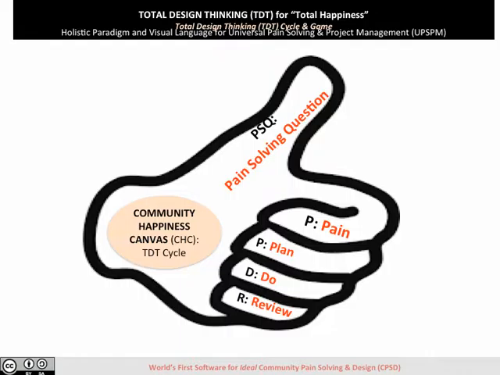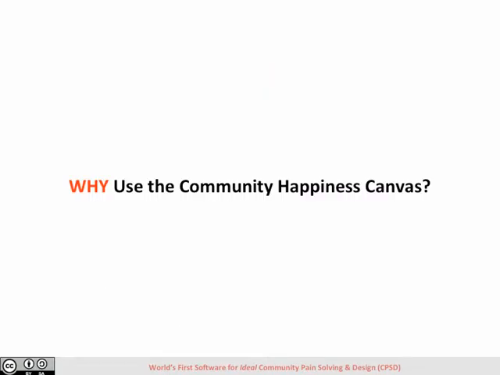And the pain, plan, do, review constitute the pain solving cycle. So you pose the pain solving question and then you answer it using the four building blocks of the pain, plan, do, review cycle.